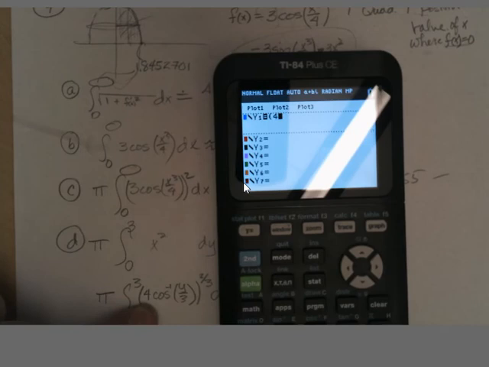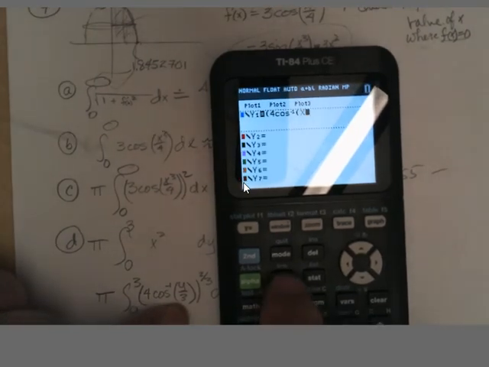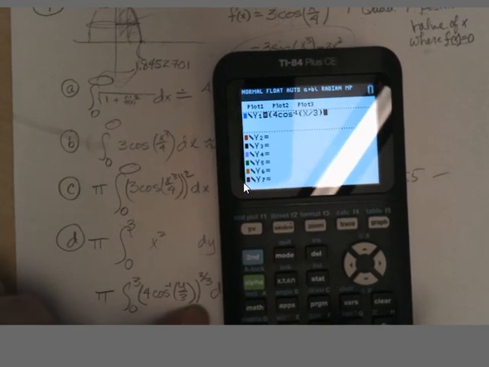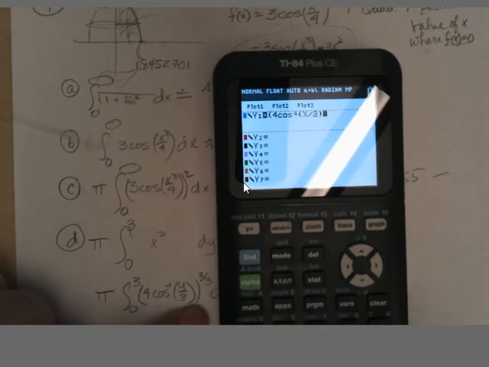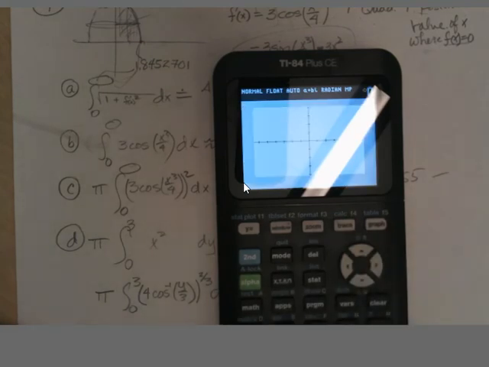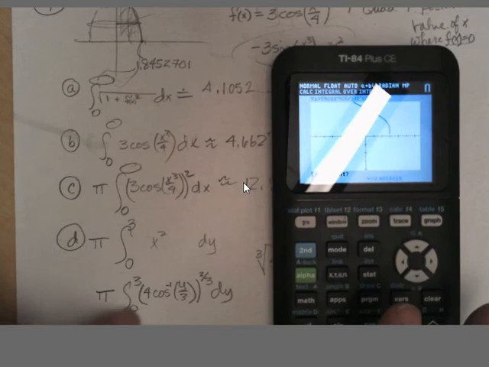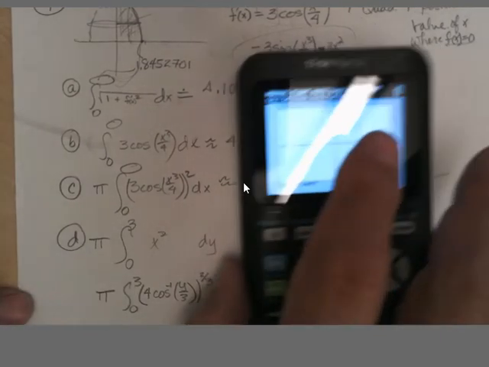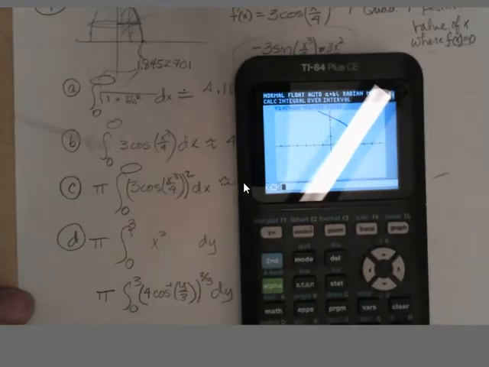Parenthesis, 4 cosine inverse of x divided by 3, close parenthesis, to all of this, close parenthesis, to the 2 divided by 3. Come down. Second, calculate the area from 0 to 3. Looks like it's going to end at 3. 0, enter, 3, enter.